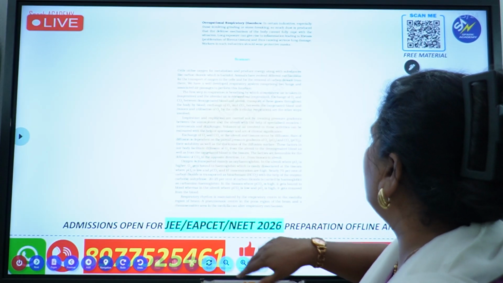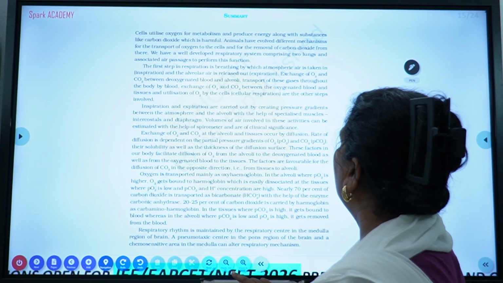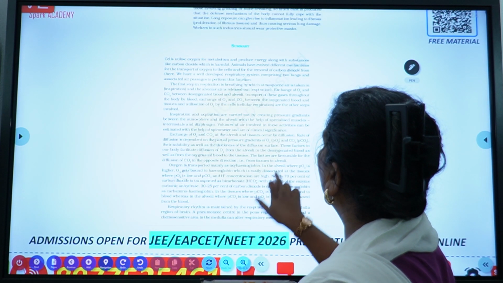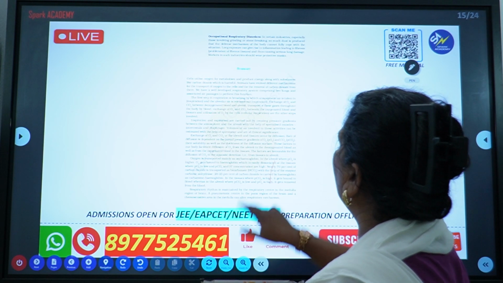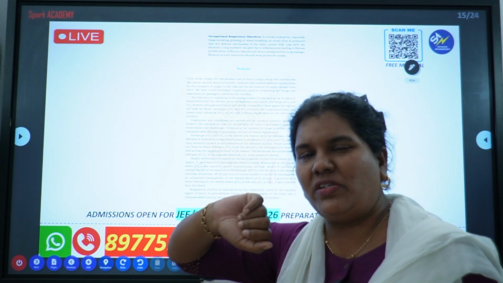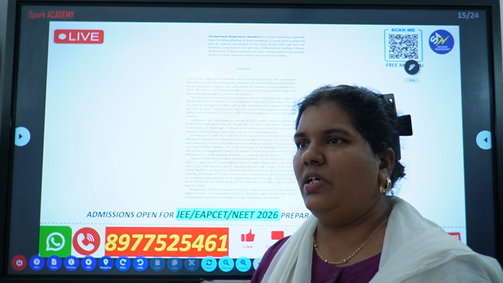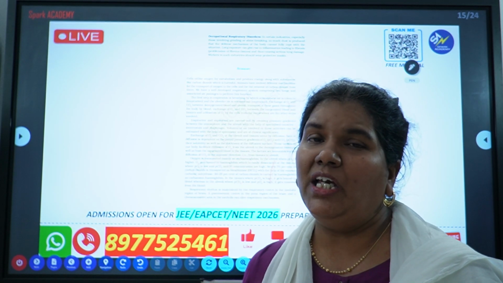And the next one, the last one, let me zoom it. Okay, the last one is occupational respiratory disorder. What is this occupational respiratory disorder? Sometimes we get lung infections or disorders because of the places where we work.